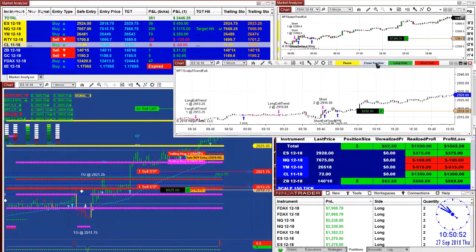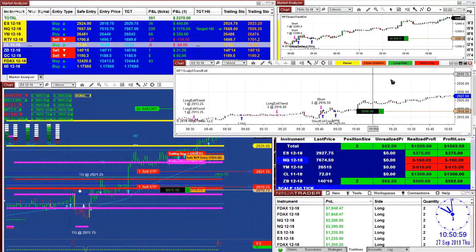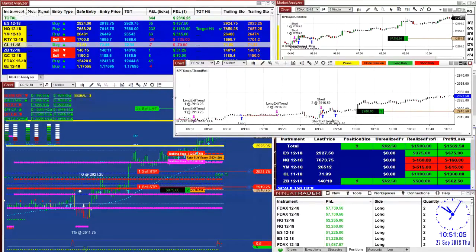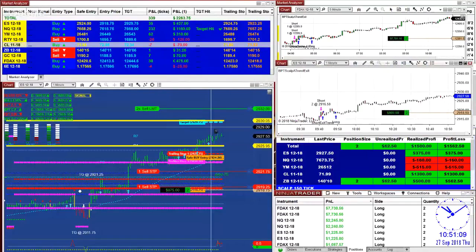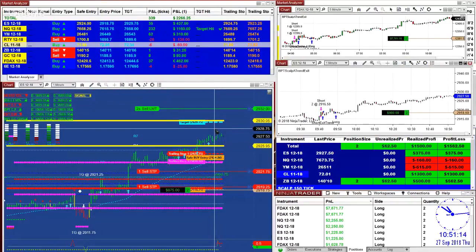You can say close position, then you can close the position. If you don't want, like right now, the market is not moving, you don't want your auto trade to take a trade right now. You want it to hold on a little bit on the trade.